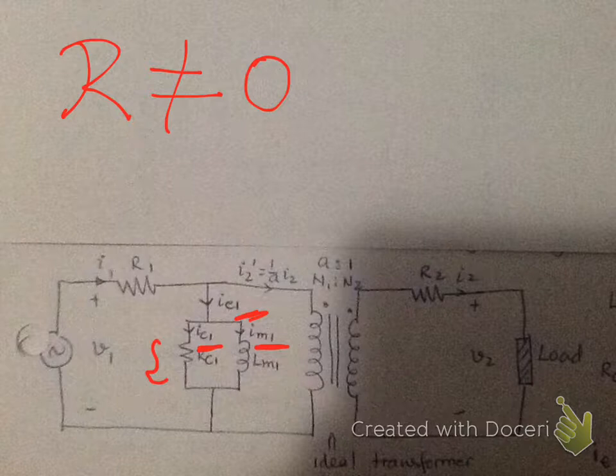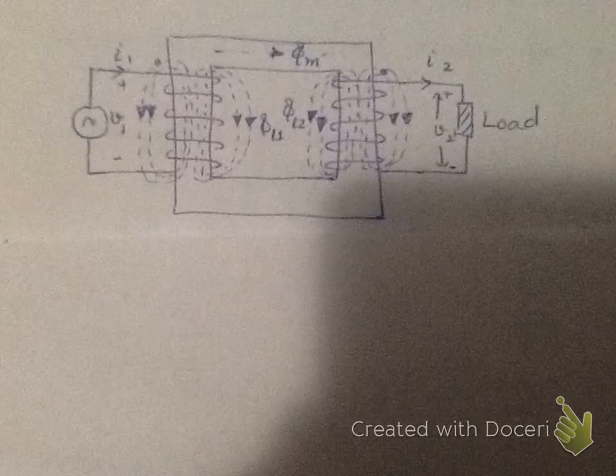The magnetizing component of this excitation current is responsible for setting up the mutual flux in the core, and its effect is represented by the shunt inductance, also known as the magnetizing inductance. So far we have incorporated the winding resistance, and this branch, which represents the finite core permeability, the core loss and the magnetizing component of a practical transformer.